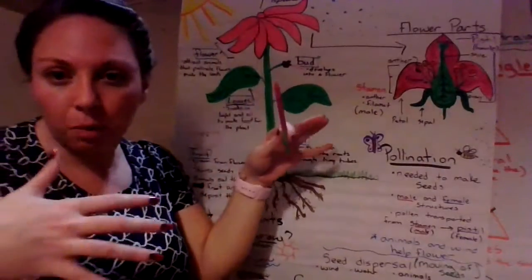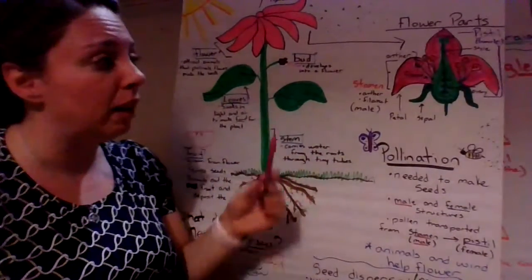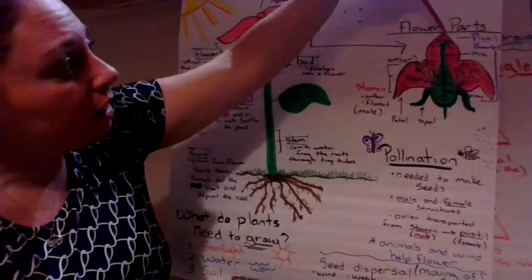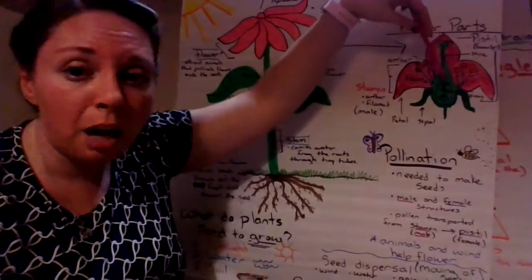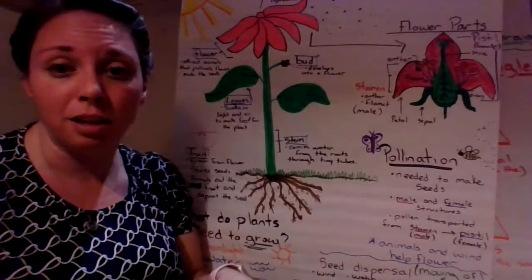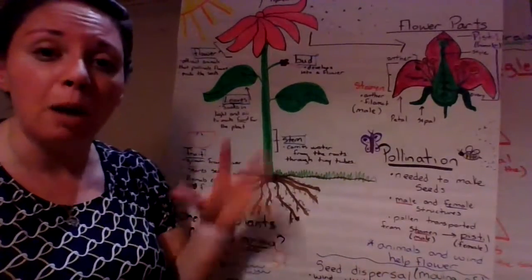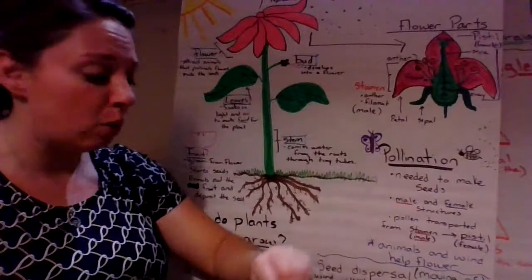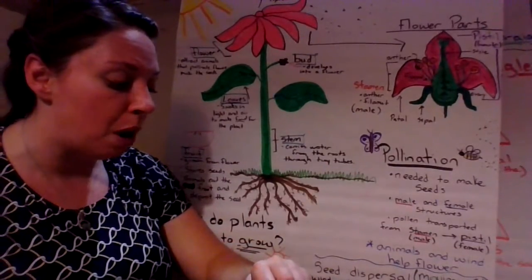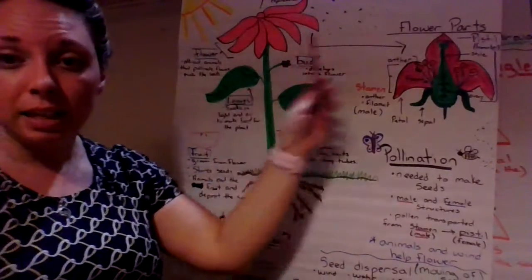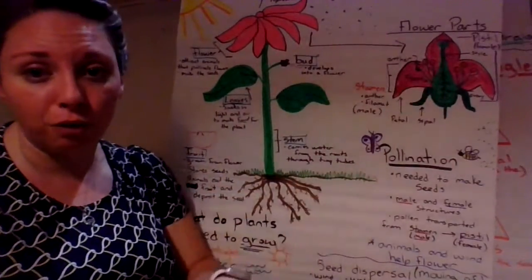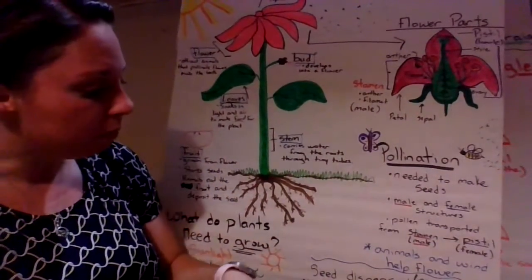Once that pollen from the bee or the butterfly or any of our other pollinators falls into the stigma and comes here, this is where the seed is now produced. And that's when we get to the next stages of the flower. So, pollination, these animals are helping the flower pollinate. Again, watch the videos, which are going to give you a little bit more information to help describe how the flowers are being pollinated.